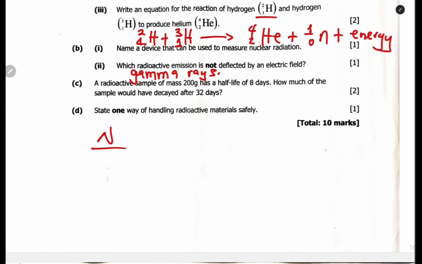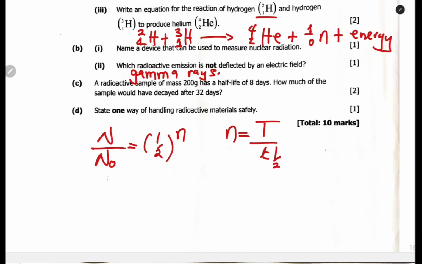N is the amount of sample that remained. Then N naught, the original or initial amount, then 1 over 2 to the power n, where n is the number of half-lives, calculated by dividing the time that elapsed by the half-life. That is the number of half-lives.